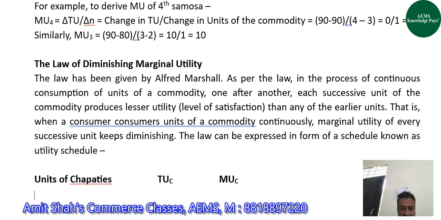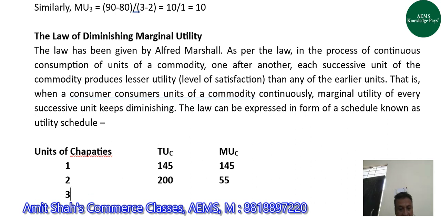A consumer keeps consuming units of chapatis one after another. So the first unit gives him satisfaction of 145 utiles. Two units together give him satisfaction of 200 utiles. It means the second chapati has given him satisfaction of 55 utiles.